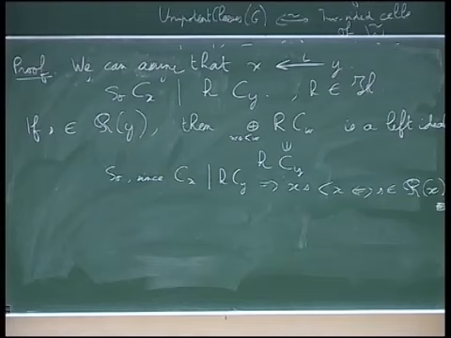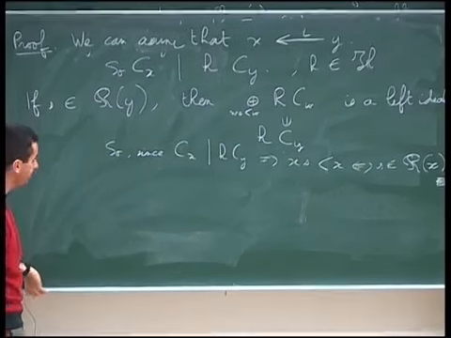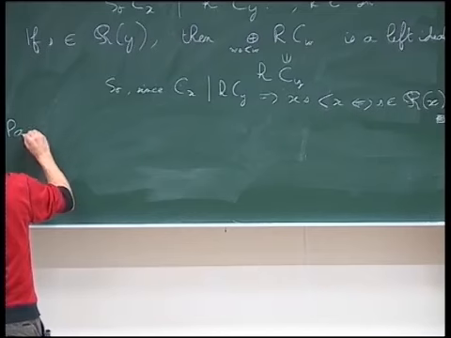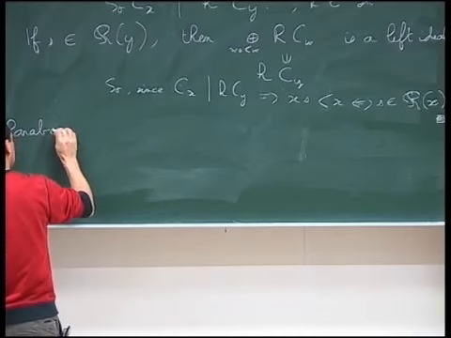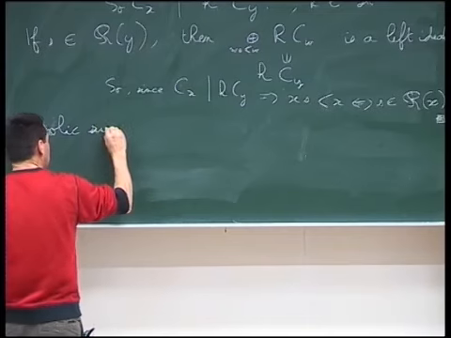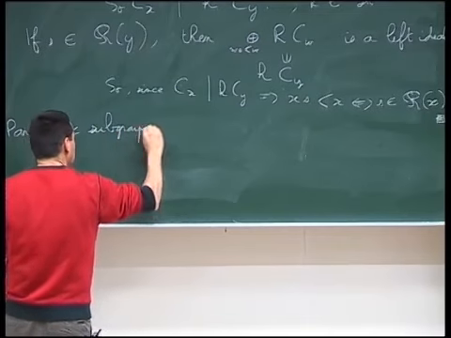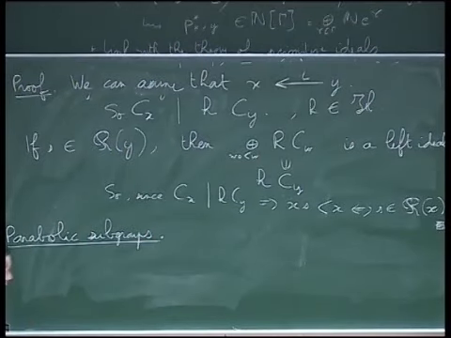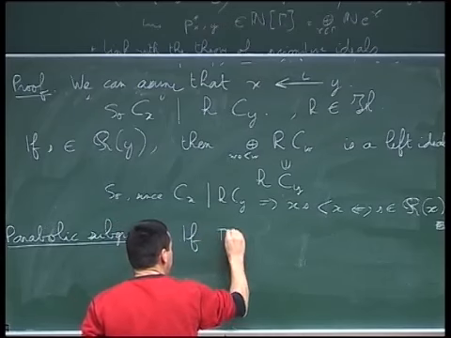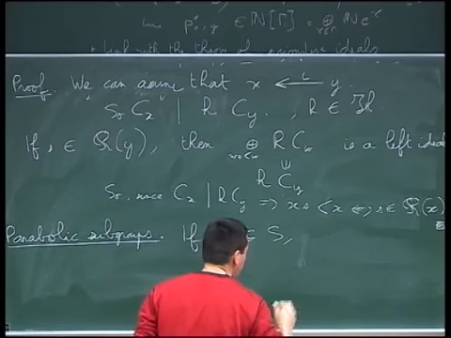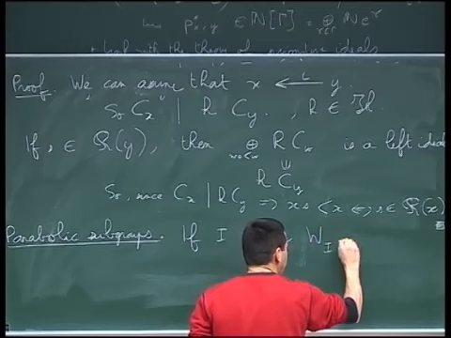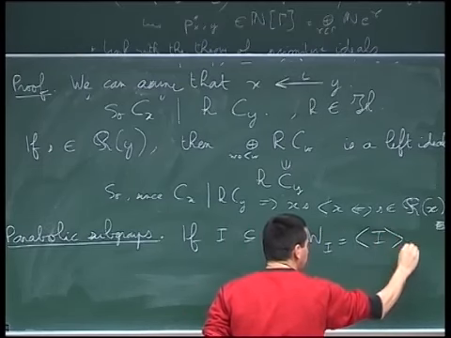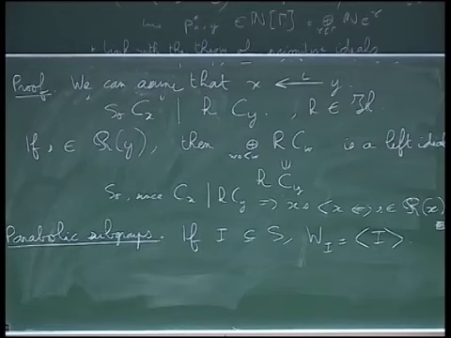There are other ones which are related to parabolic subgroups. So if I is a subset of S, we denote by WI the standard parabolic subgroup generated by I. And it's well known that WI is a Coxeter system.